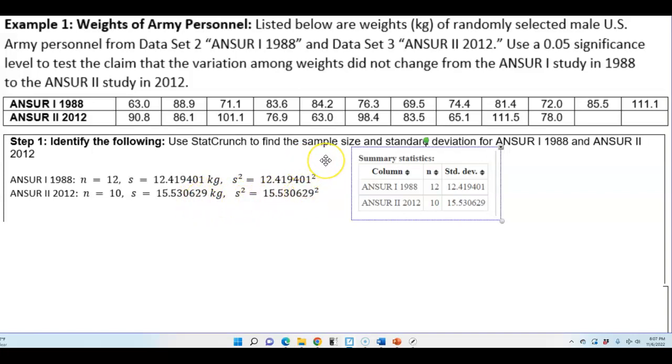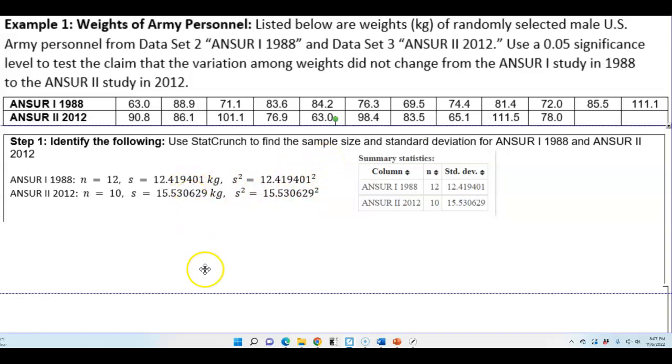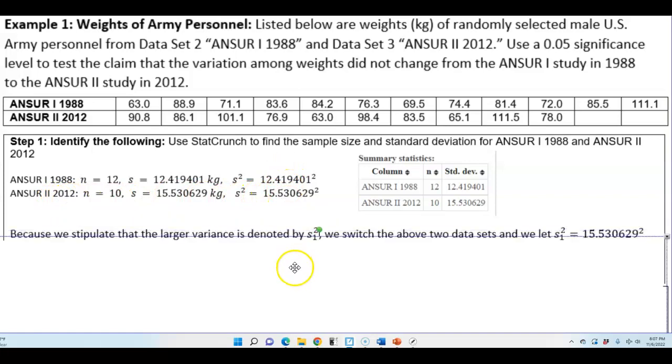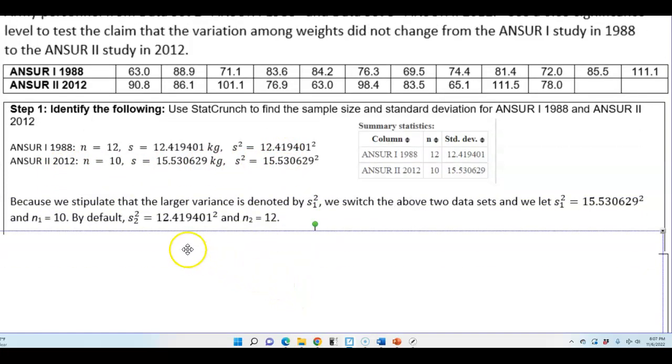When you're looking at that, we have to decide which one is larger. We know that 15 is larger than 12, so the variance for answer 2, 2012, is the larger variance. Because we stipulate that the larger variance is denoted by s subscript 1 squared, we now switch the above two data sets.